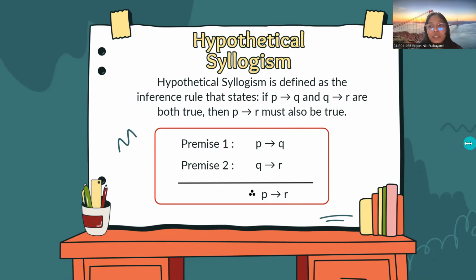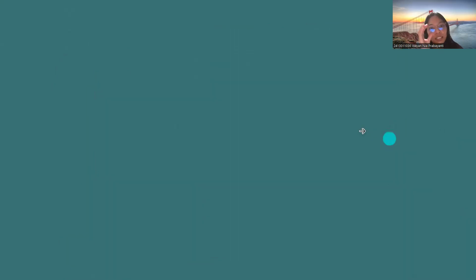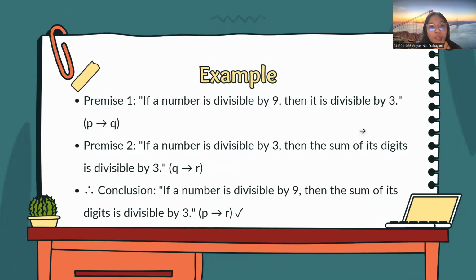So this is for the example. Premise 1 says: if a number is divisible by 9, then it's divisible by 3. This is P and this is Q. Premise 2 says: if a number is divisible by 3, then the sum of its digits is divisible by 3.